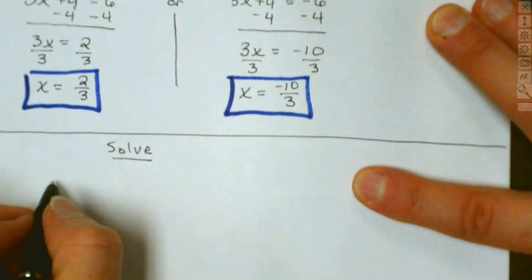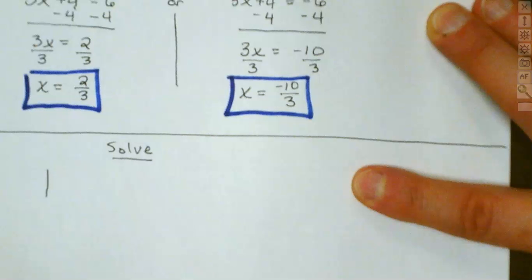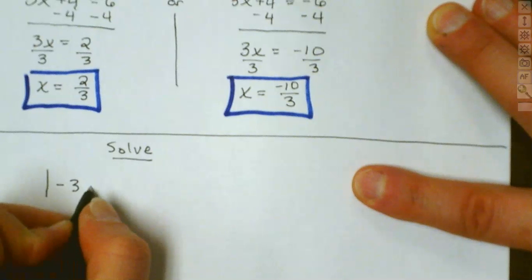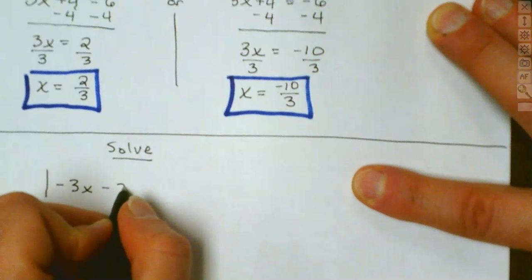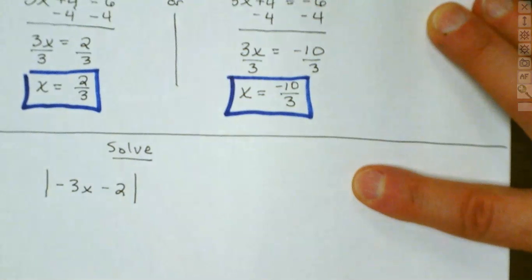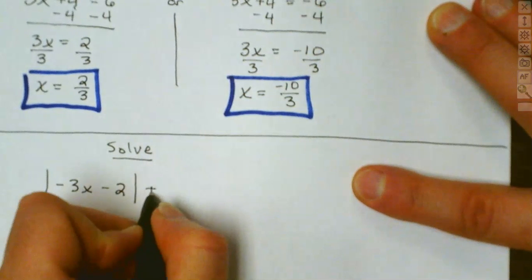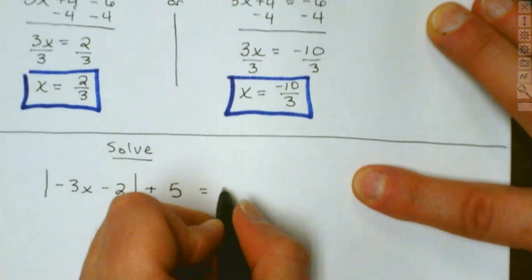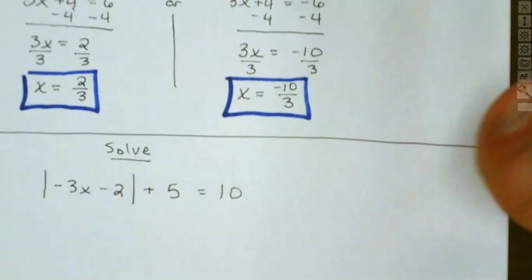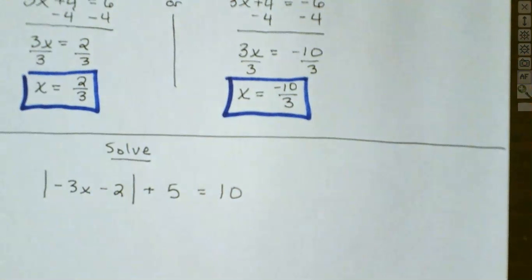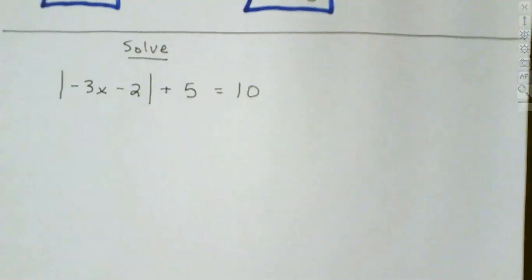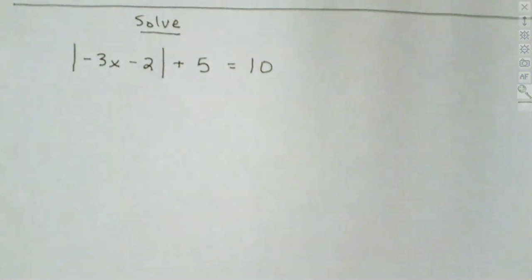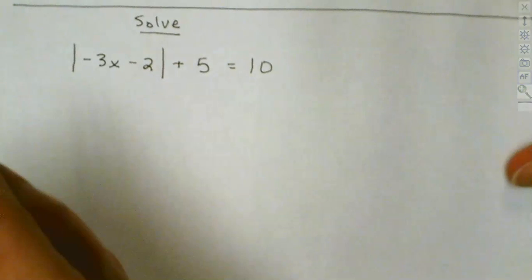So let's solve another one of these. How about the absolute value of minus 3x minus 2 inside the absolute value bars plus 5 equals 10. So, again, what do I need to do first? That absolute value has to be by itself on the left.